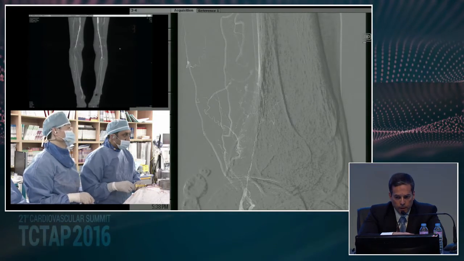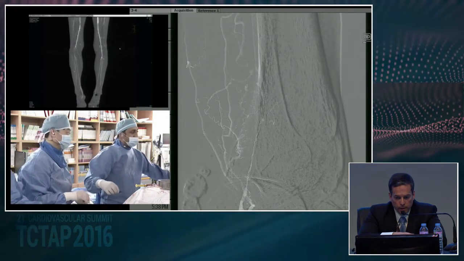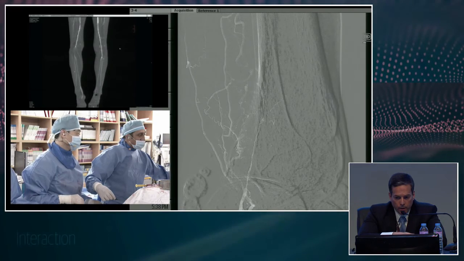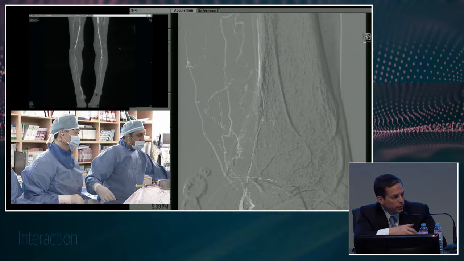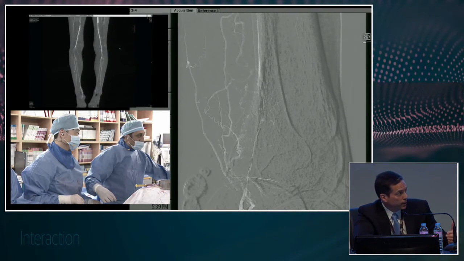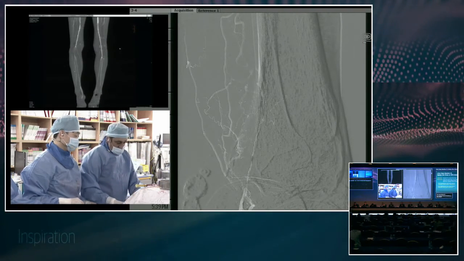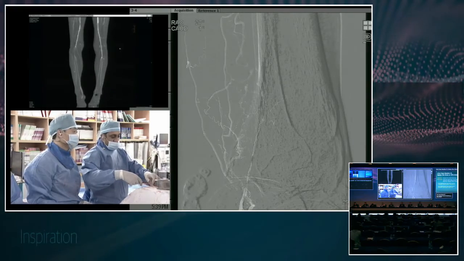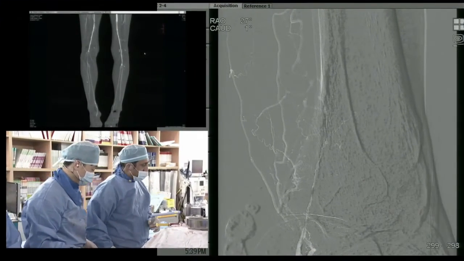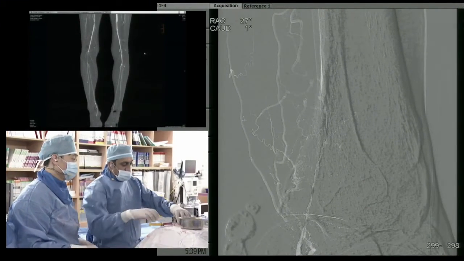There you go. It was right at that double density, huh? Worked out so well. Now, here's the thing. It looks like it's perforated. I'm not sure if I'm in the PT or the peroneal, so let's get a better picture of that, because we prefer to be in the PT, of course.